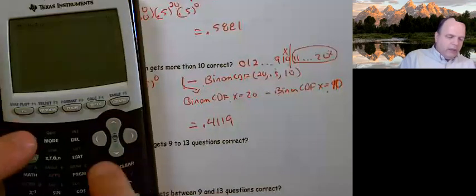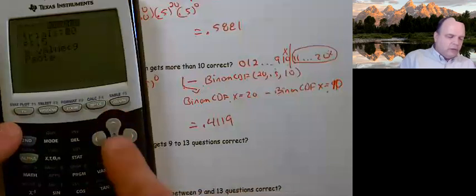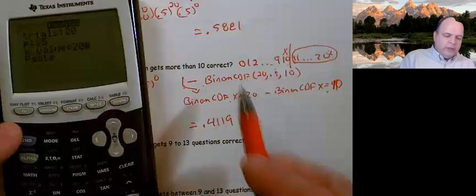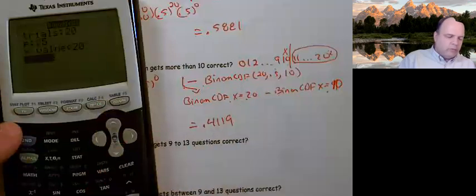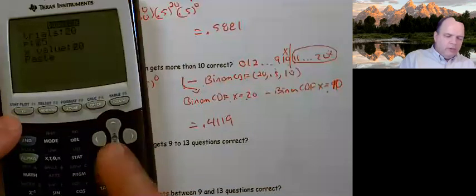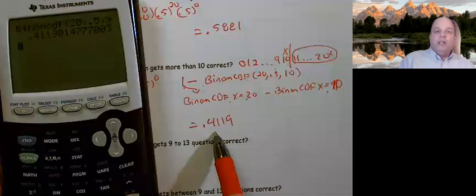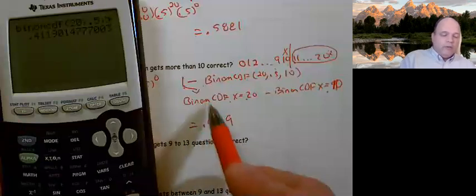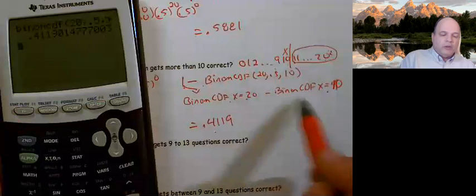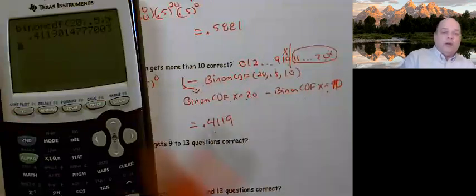Sorry, got to read back. Second vars, binomial CDF, the 20, because X is 20, minus second vars, binomial CDF, X value is 10, 0.4119. So you can do the 1 minus, or if it makes you feel better, it's the highest minus the lowest. So really, the 1 minus just means the highest value minus the lowest value.